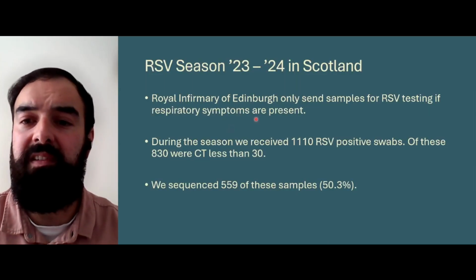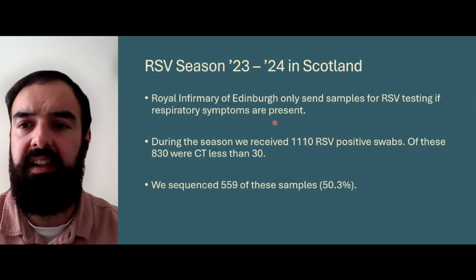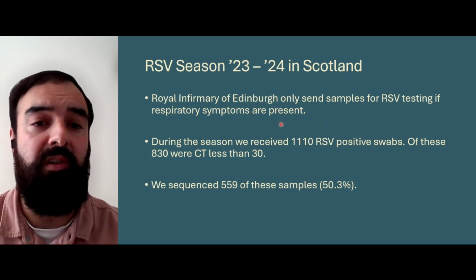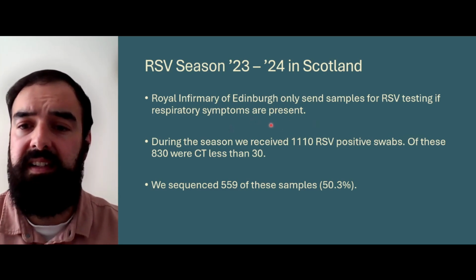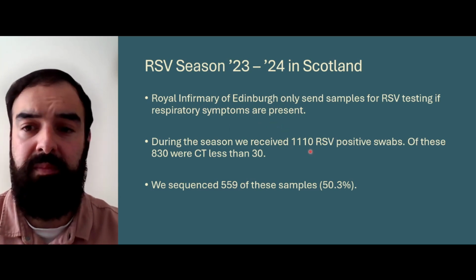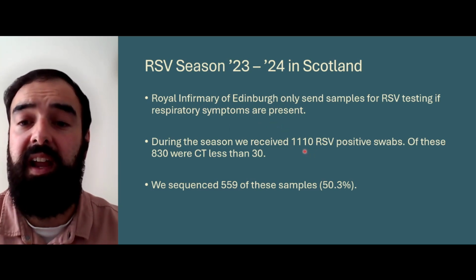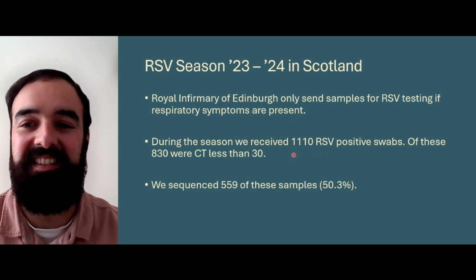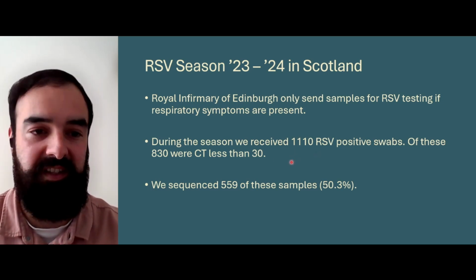So at the Royal Infirmary, samples are only tested if a patient has respiratory symptoms, either on admission or if they develop later. This season, there are a total of 1,110 RSV positive swabs, and of these, around 830 had CT less than 30 and were sent on for sequencing.